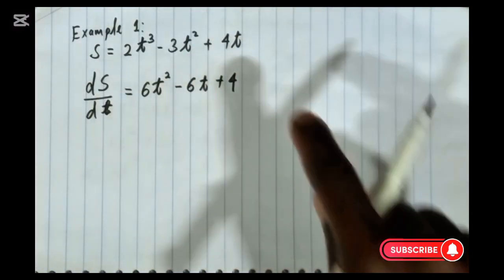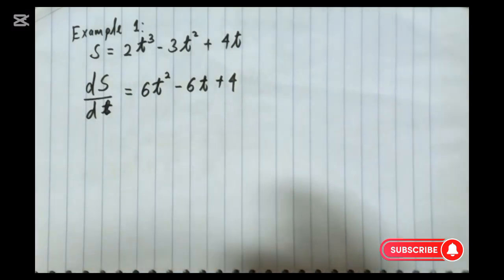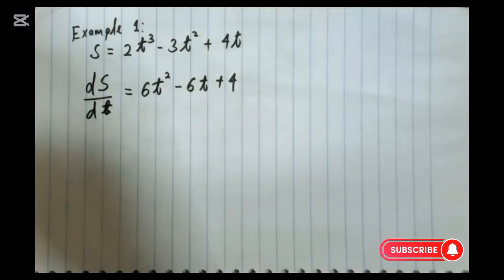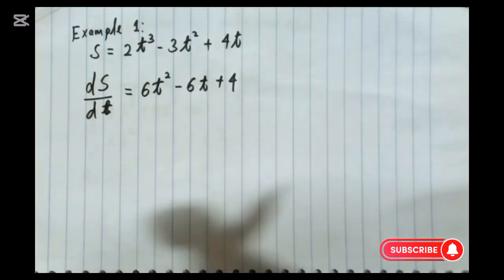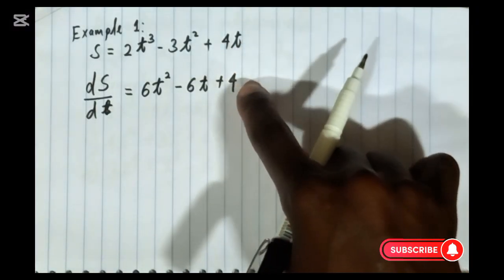And then note, it will be t raised to 1 minus 1, and of course 1 minus 1 will give us 0, and any number raised to 0 will always be equal to 1. So in this case, because the variable t raised to 0 will be equal to 1, we won't write it. We'll just have 4 times 1, which is just 4.